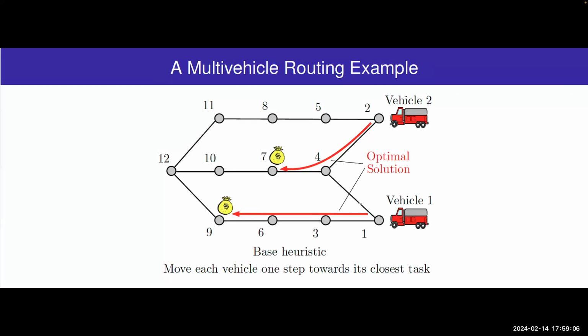So now we're going to do multi-agent rollout instead of rollout here. Let's consider the vehicles in order of vehicle 1, vehicle 2. We'll consider them one at a time, so not all of the Q factors at once. Vehicle 1 has 2 options. It can go to node 3 or node 4.